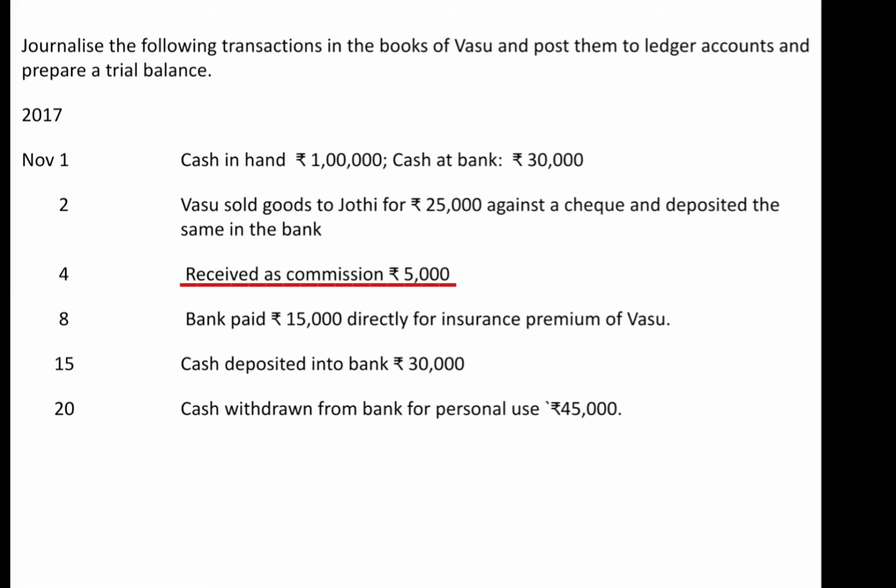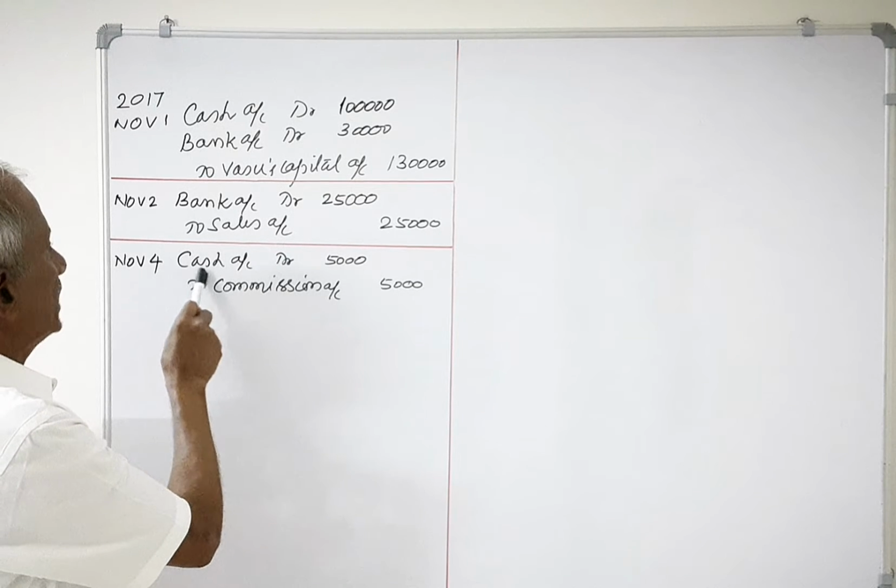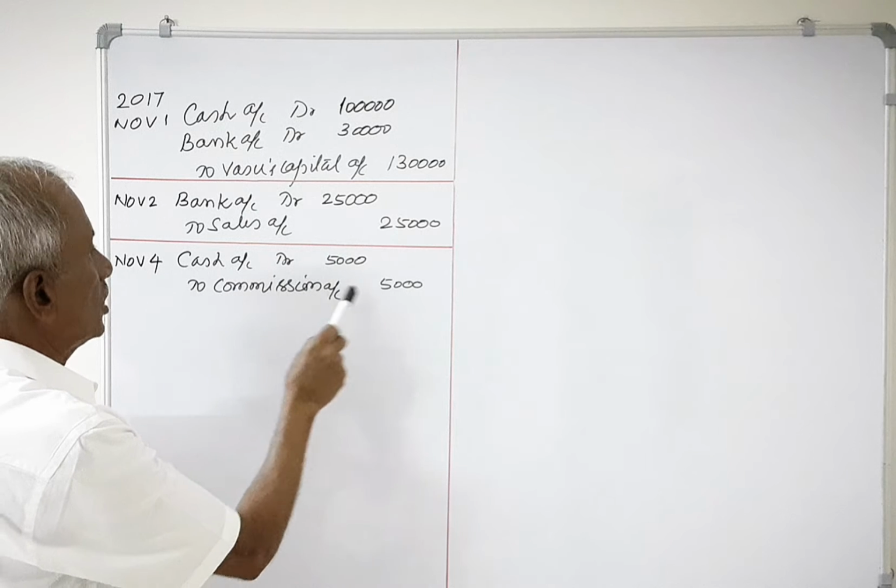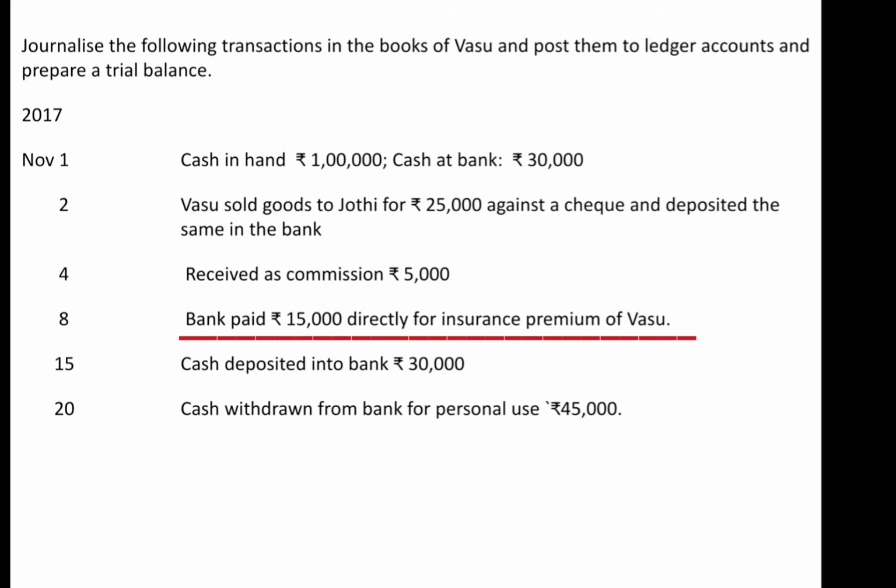So the journal should be bank account debtor 25,000 to sales account 25,000. The next transaction is on November 4th, received commission rupees 5,000. This is an income. All income should be credited and cash account should be debited. So the journal should be cash account debtor 5,000 to commission account 5,000. Next transaction is November 8th, bank paid rupees 15,000 directly for insurance premium of Vasu.